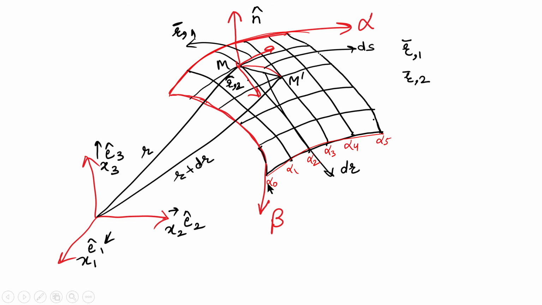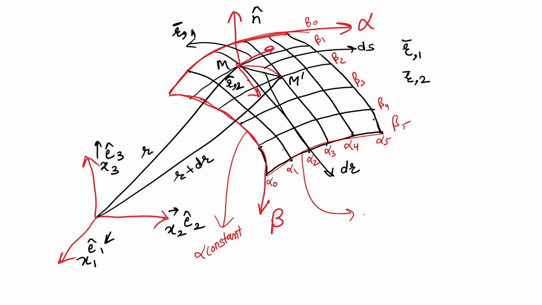And these are the lines where beta is changing: beta 0, beta 1, beta 2, beta 3, beta 4, beta 5. This line is called alpha constant, and this line is called beta constant. Over this line, beta 5, beta is constant and alpha is changing, but over this line alpha is constant and beta is changing from beta 0 to beta 5.